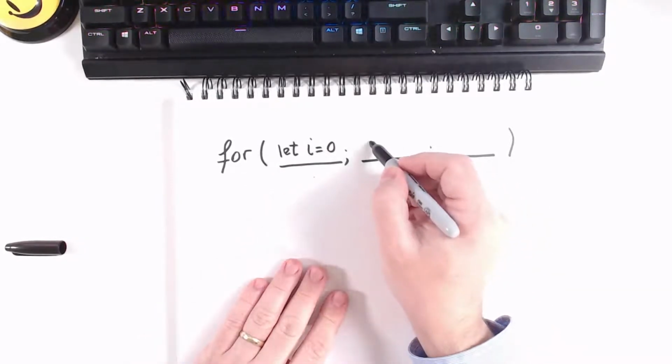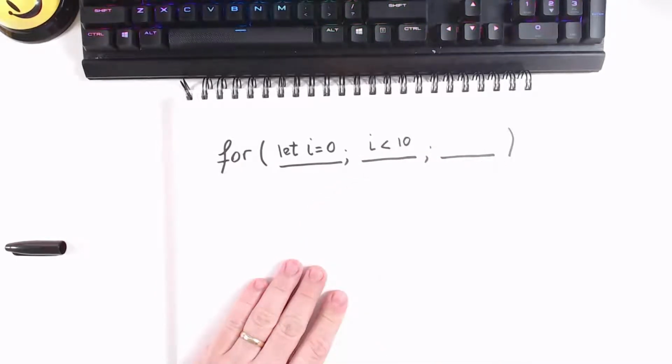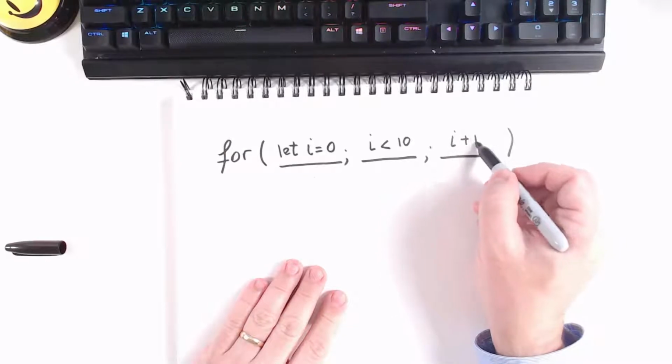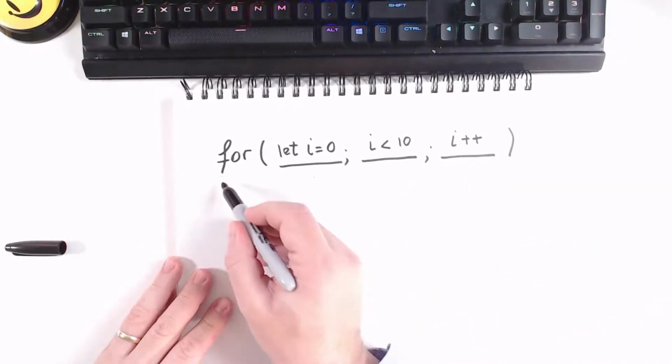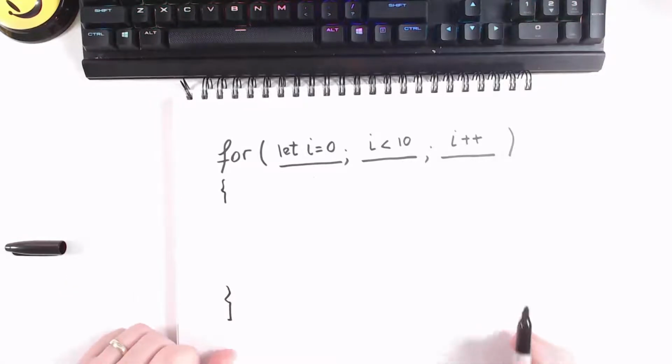In the second part we compare that value with a number, and in the third part we write a statement that modifies that variable, for instance increments it by 1. And then we open and close a code block.